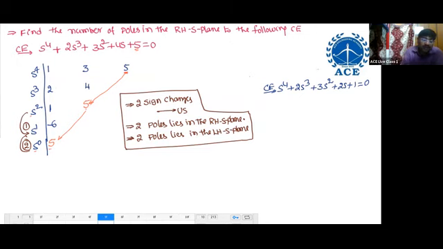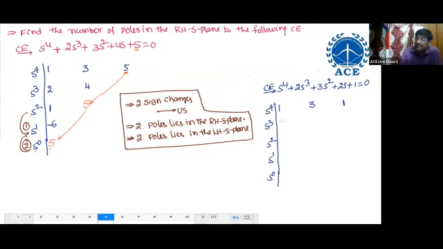Write the Routh tabular form: S power 4, S cube, S square, S power 1, S power 0. S power 4 coefficient 1, alternate 3, alternate 1.